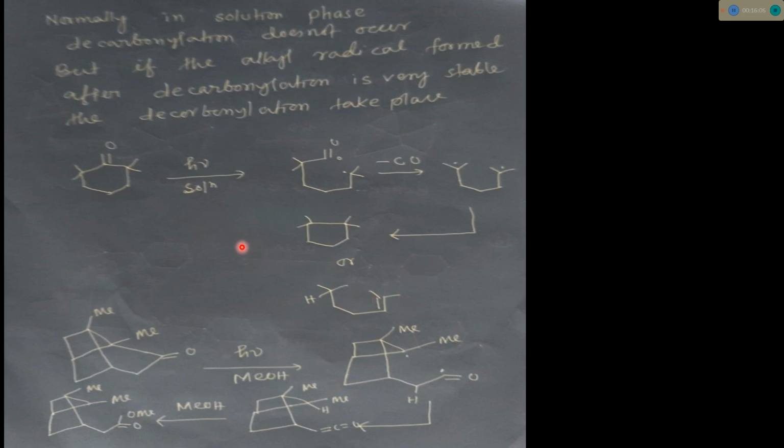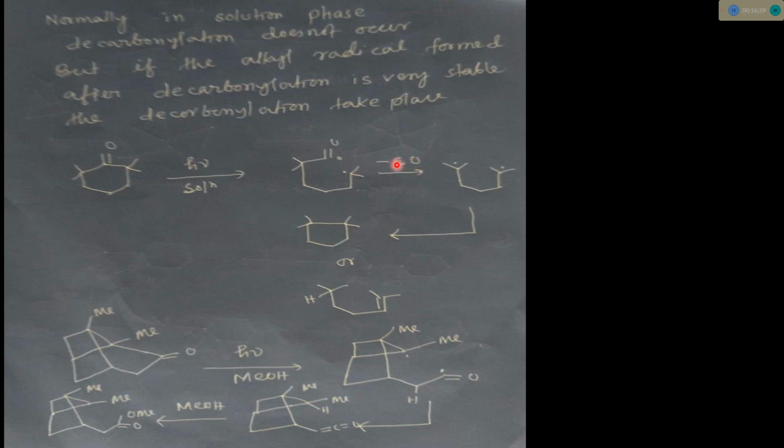In gas phase, decarbonylation normally occurs, but in solution phase, decarbonylation normally doesn't take place. If there is a chance to form a stable radical after decarbonylation, then there is a chance for decarbonylation to take place.